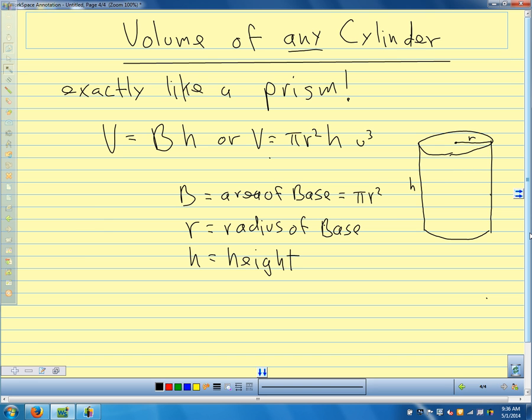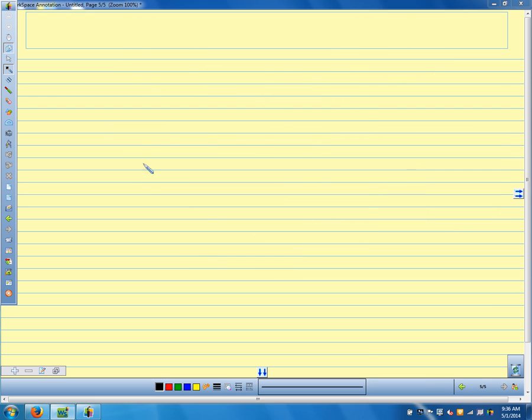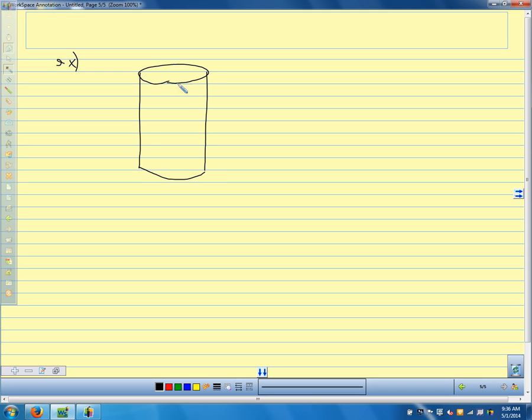So our volume formula is usually a lot easier than our surface area formulas. All right, let's do an easy example first, and then we'll do one that takes a little more work. So here's our cylinder, and we want to find the volume of this thing.